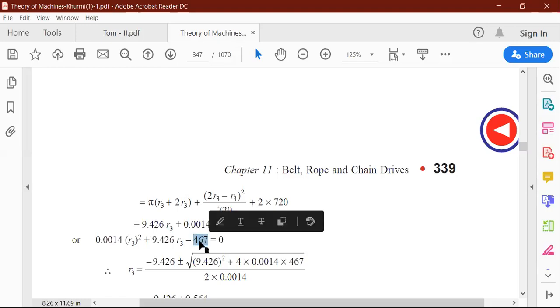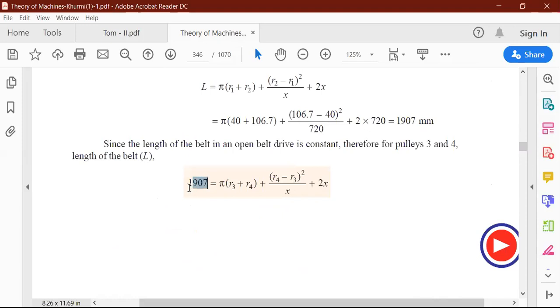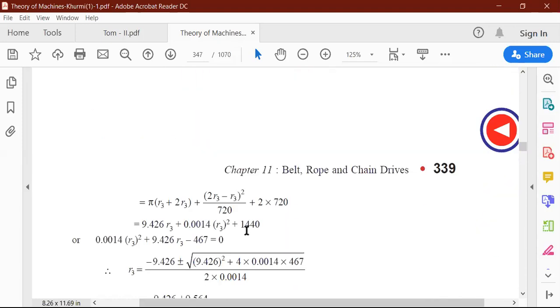Now this minus 467 comes from this length 1907 minus 1440. So we get one quadratic equation, that is 0.0014 r3 square plus 9.426 r3 minus 467 is equal to 0.